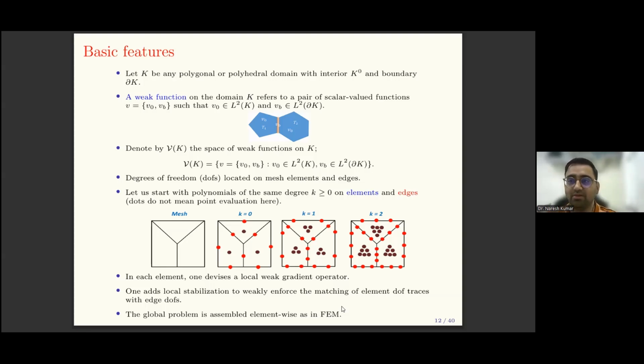Then how can we minimize the discontinuity between them? For that, we have to add a stabilizer term that can handle this discontinuity, the jump between the interior part and the edges part. And then first we work on the local element, and then we assemble and find a global solution.